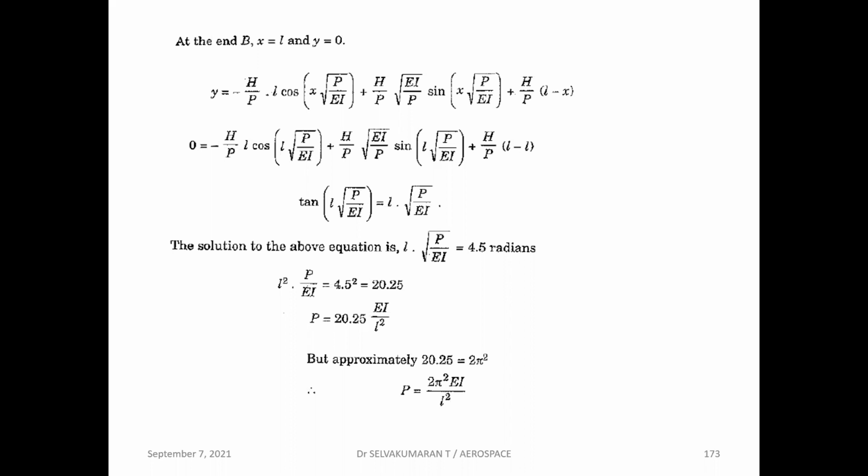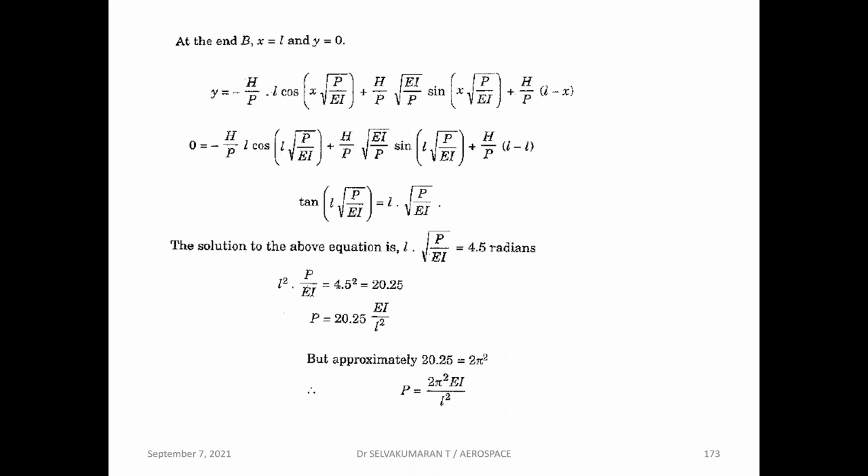And here the value of I is very, very important. For example, if you take a rectangle section, let us take the formula Ixx to be bd cubed by 12 and Iyy to be db cubed by 12. If you calculate Ixx and Iyy values, which value we have to plug into the formula in place of I is very important.